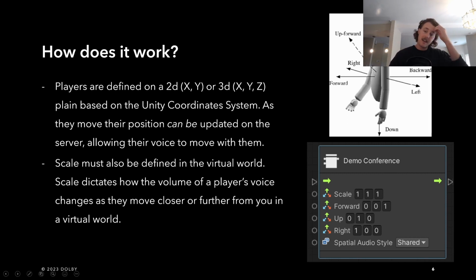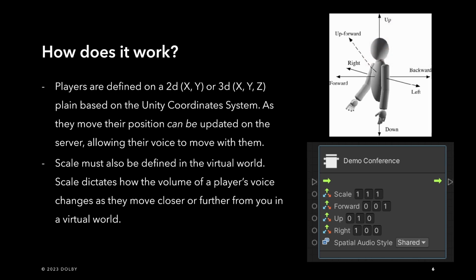Now you can see on this dummy in the top right corner, and actually let me move my camera out of the way. There we go. You can see on this dummy in the top right corner, up is exactly what you imagine it to be. It's directly up. Forward is if the player was moving forward, backward, and then to the right.